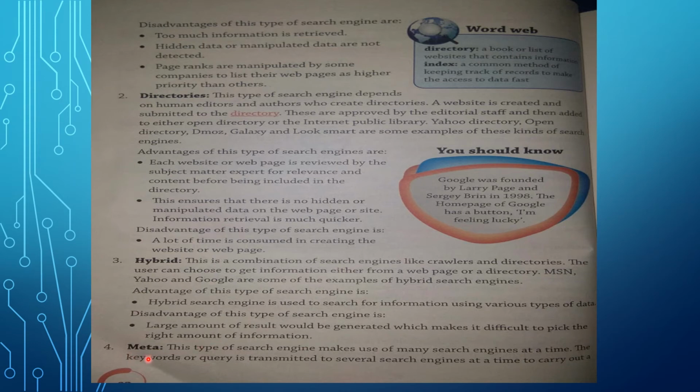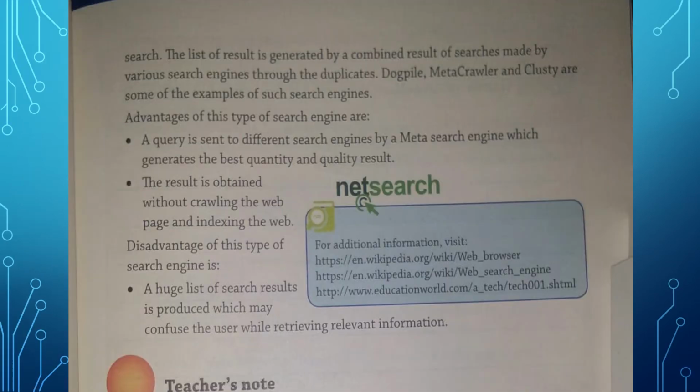Next is meta. This type of search engine makes use of many search engines at a time. The keywords or query is transmitted to several search engines at a time to carry out a search.